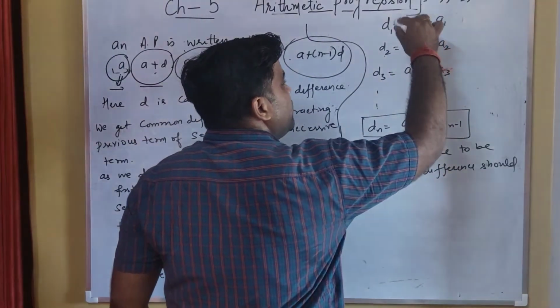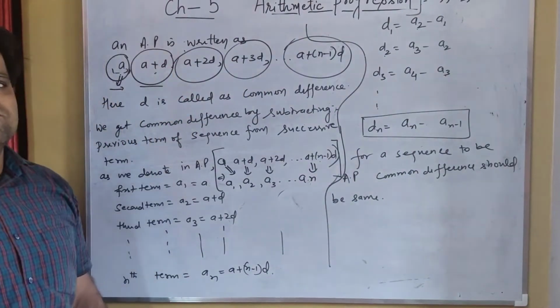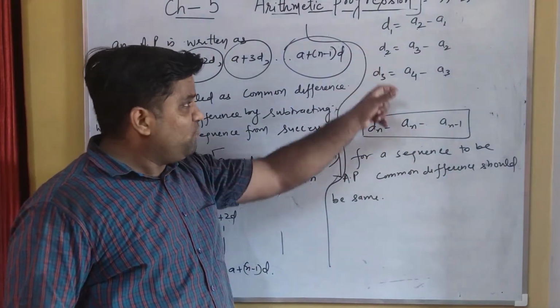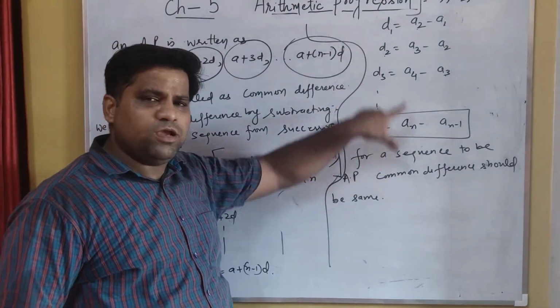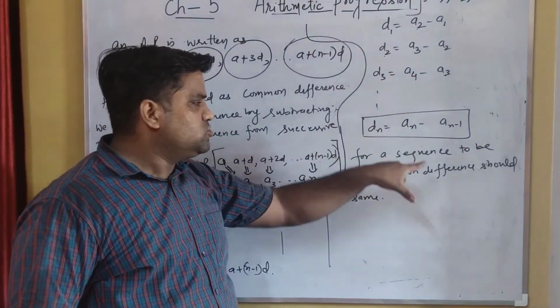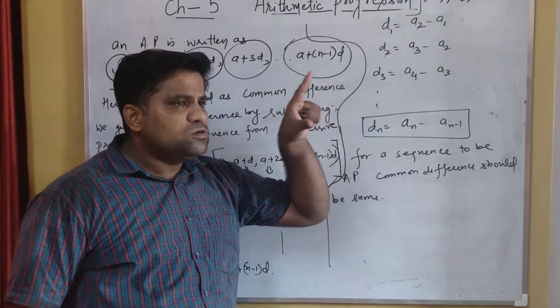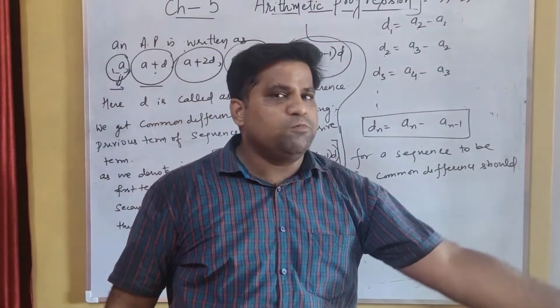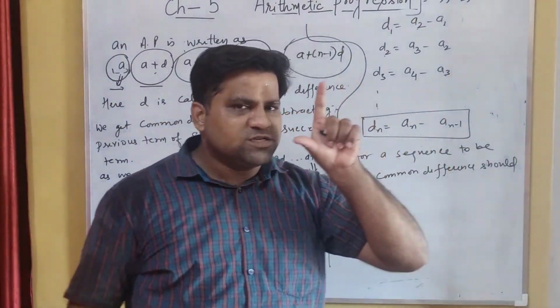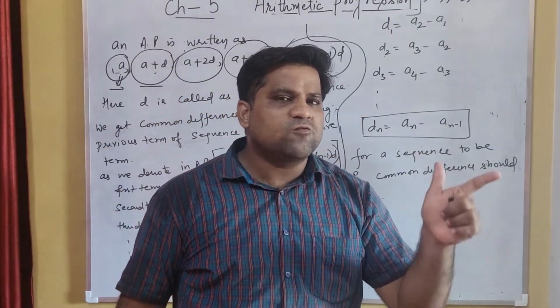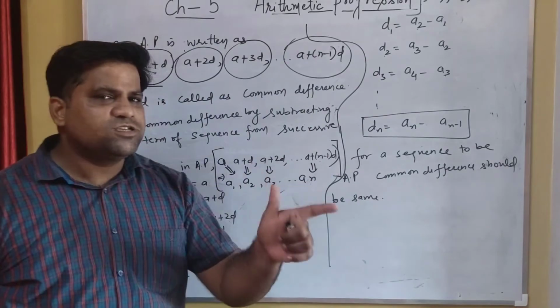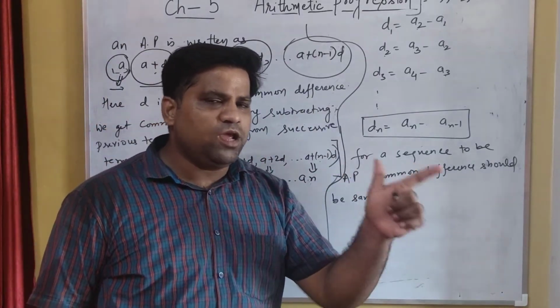Here it means we are subtracting the previous term from the successive term. If this common difference is the same throughout, we say that the given sequence is an AP. If the common difference is the same in a given sequence, we say that the given sequence is an AP, which is the criterion for a sequence to be in AP.